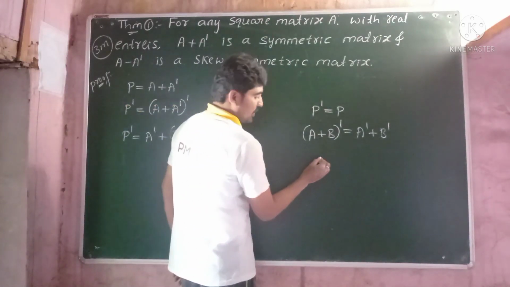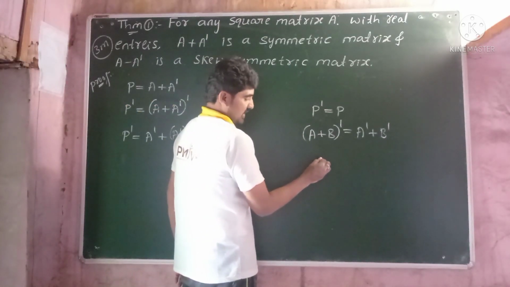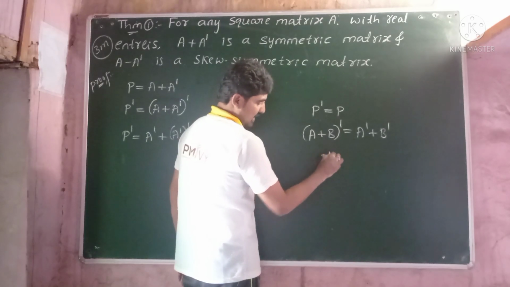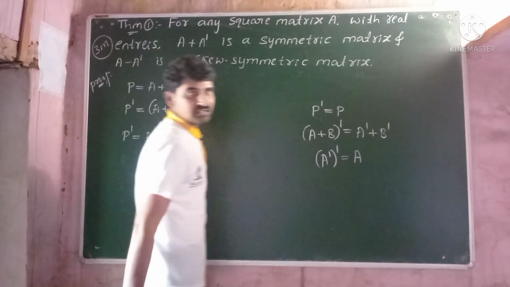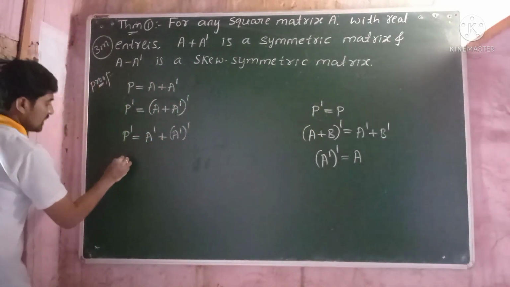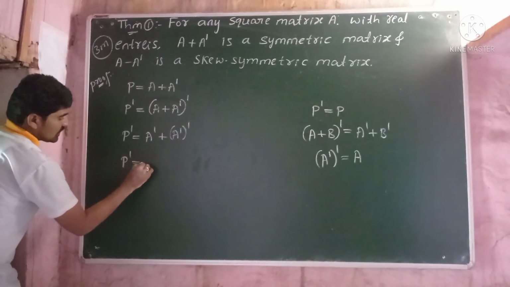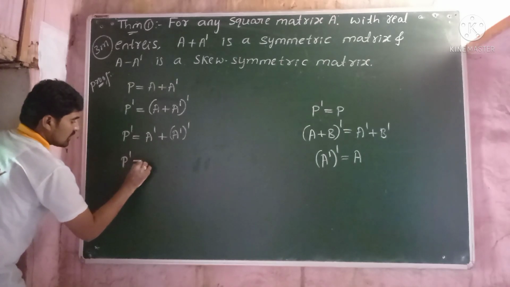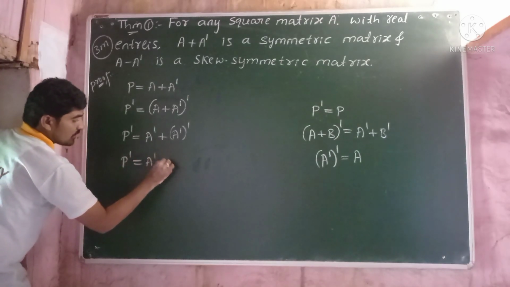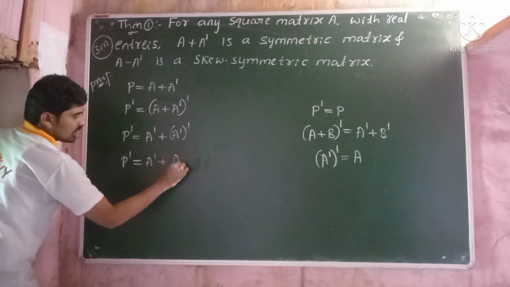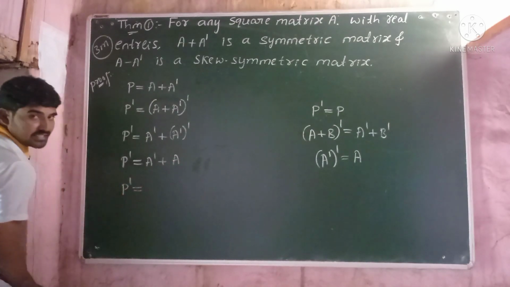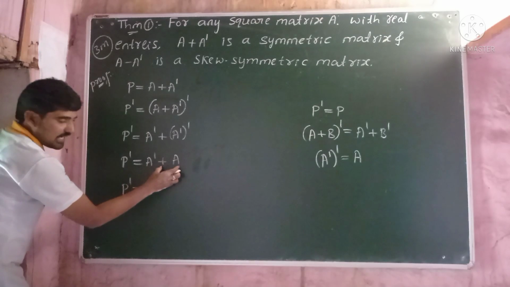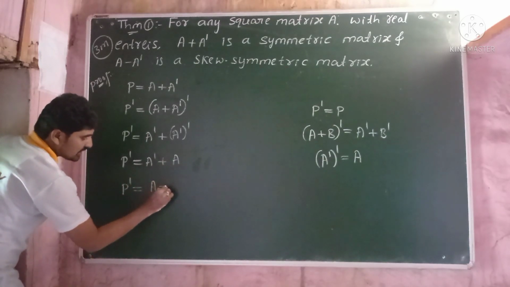Again, by using the property of transpose of a matrix, A dash whole dash is equals to A. Hence, P dash is equals to A dash plus A, which can be written as A plus A dash.